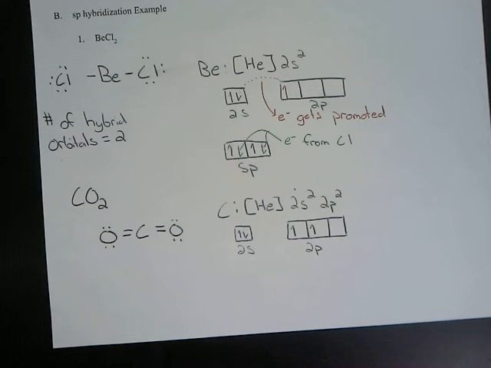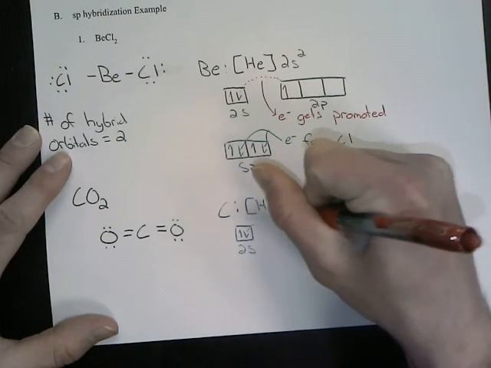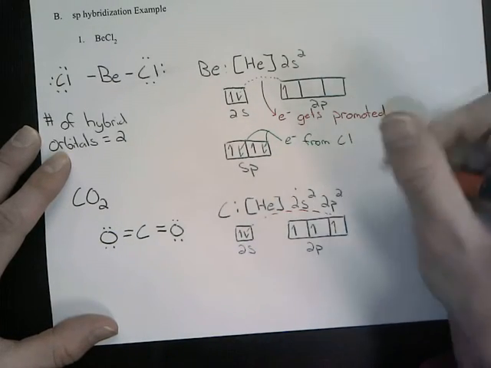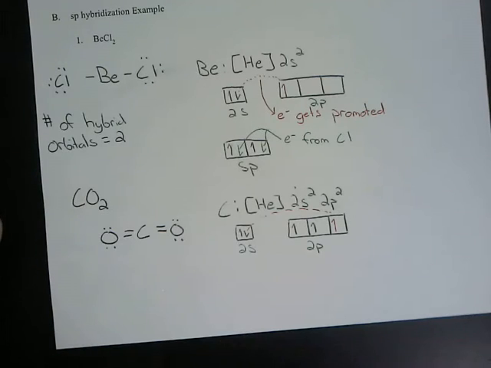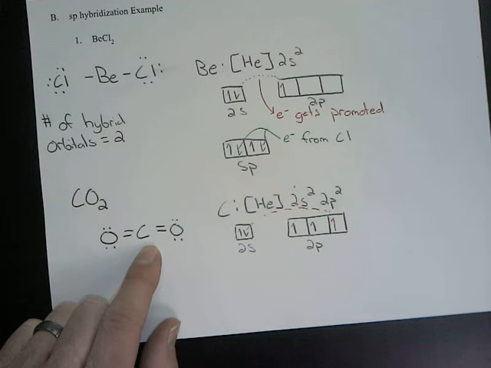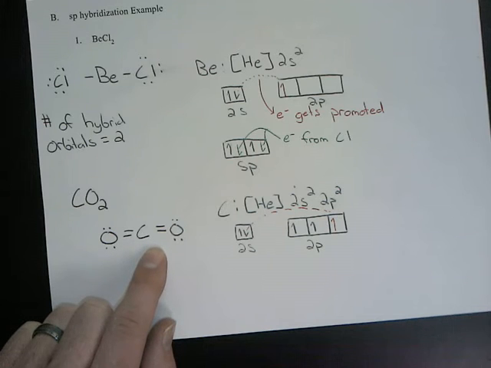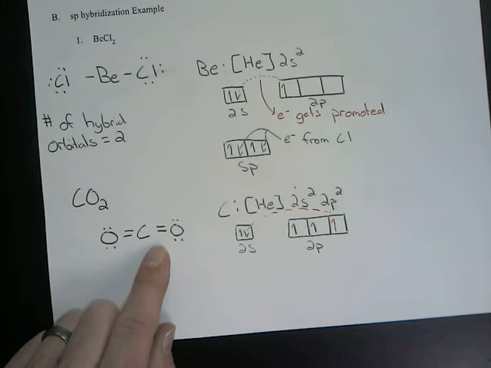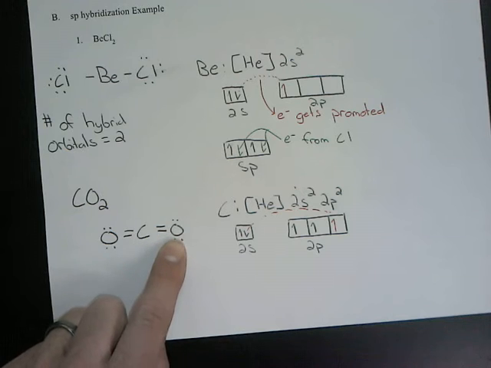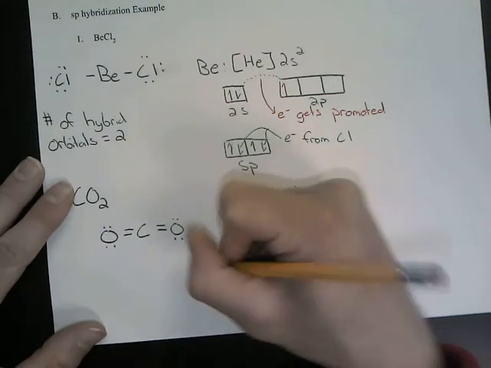So again, you see this promotion of our electron, and so I'm going to show that here in red. And what actually happens, because there are two covalent bonds, is that we have an sp that forms for this carbon and oxygen on the right and also on the left.